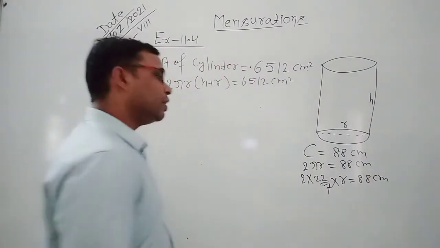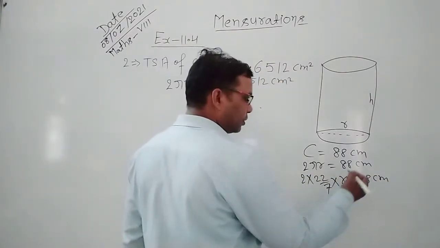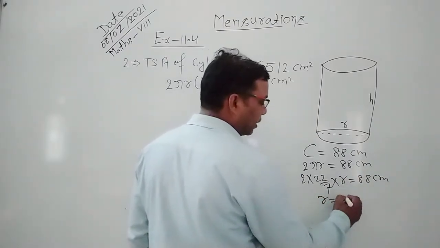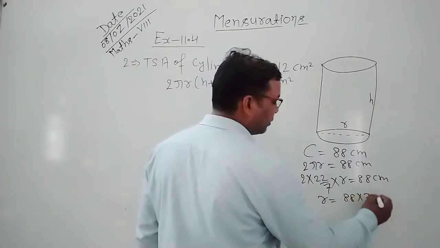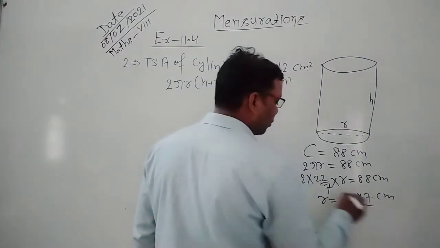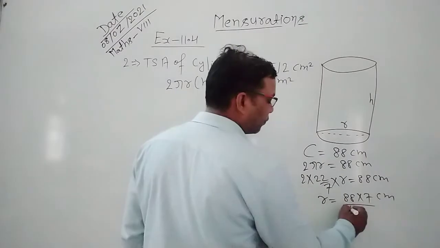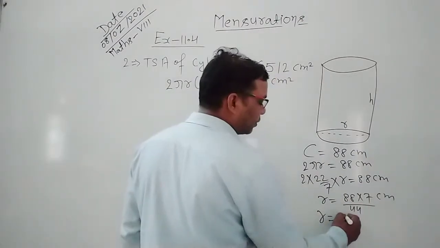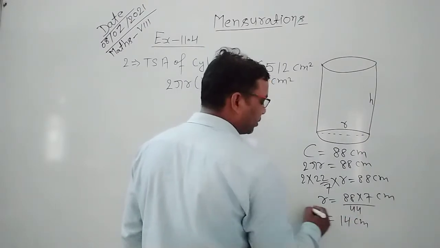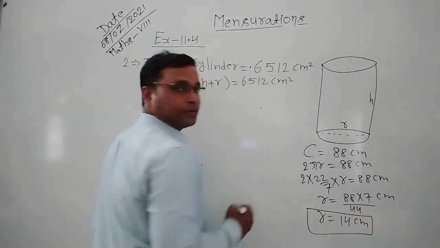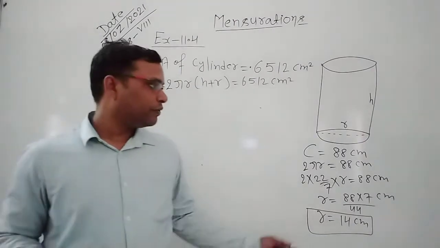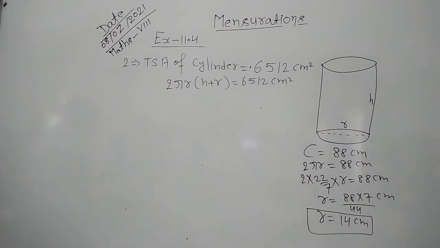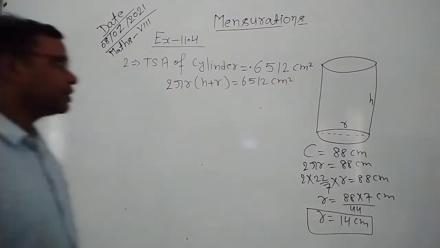Now if you transpose this to that side, then you will get 88 into 7 centimeter by 22 into 2, which is 44, so the radius is equal to 14 centimeter. Clear? So in this way we find the radius of this cylinder, r is equal to 14 centimeter.